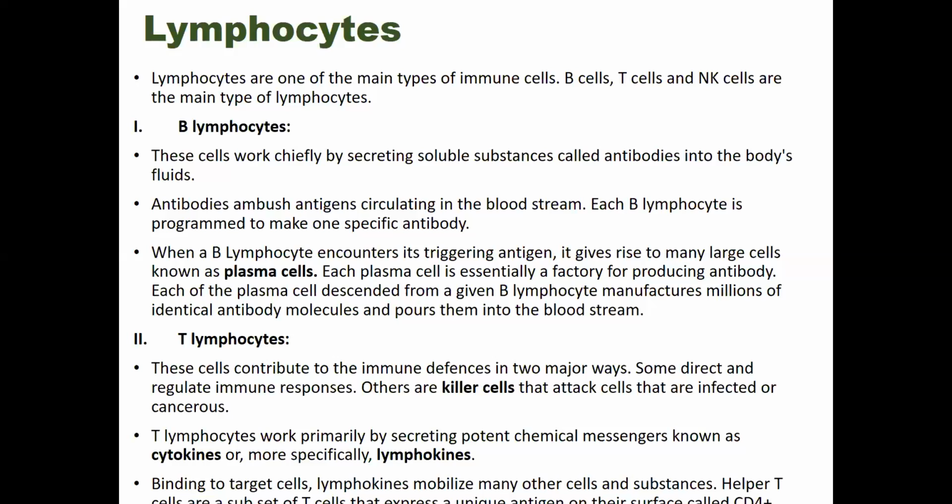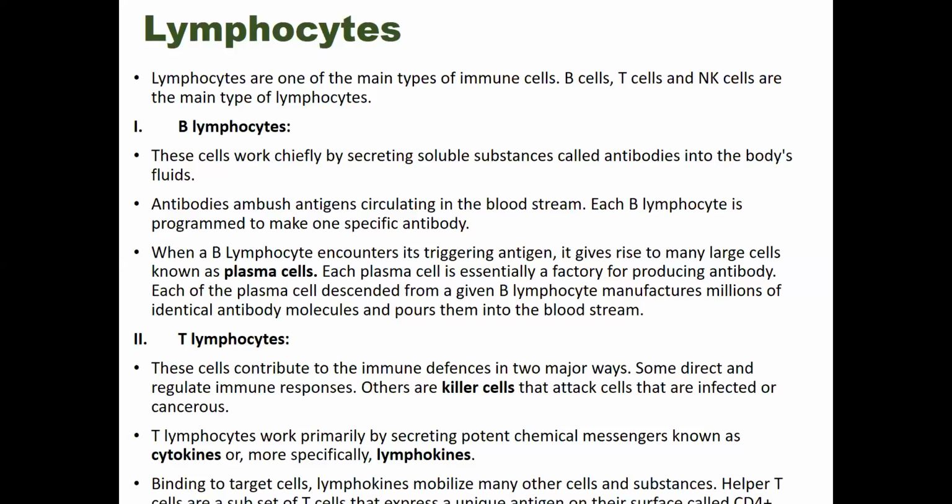And every plasma cell is essentially a factory for producing those specific antibodies. Each of the plasma cells descended from a given B lymphocyte manufactures millions of identical antibody molecules and pours them into the bloodstream. This is the scenario of the B lymphocytes. So you have to understand and then memorize this information.